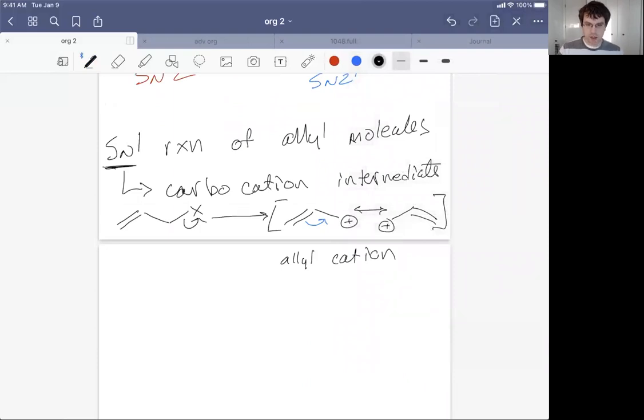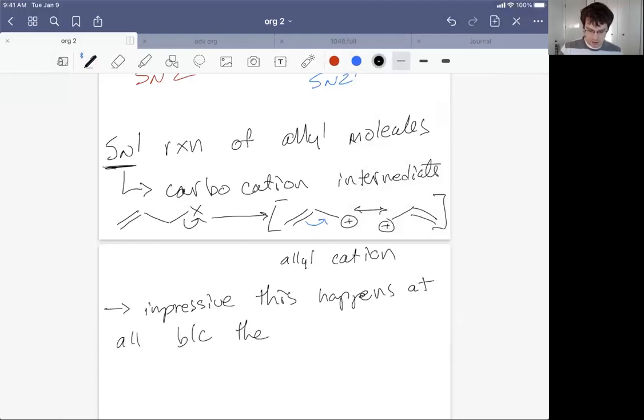What I want to do is remind us that it is impressive that this happens at all, because the halogenated carbon appears to be primary.